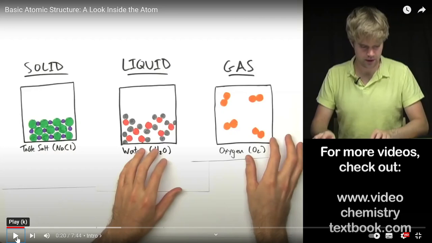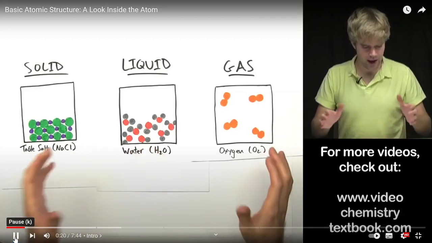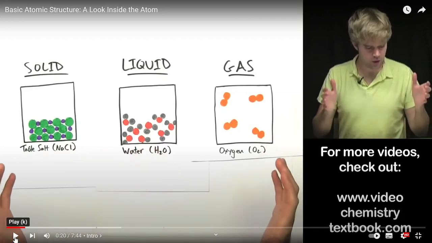Now we have water, H2O. How many H's are in every H2O? The black ones are H's. So we got 2 hydrogens.